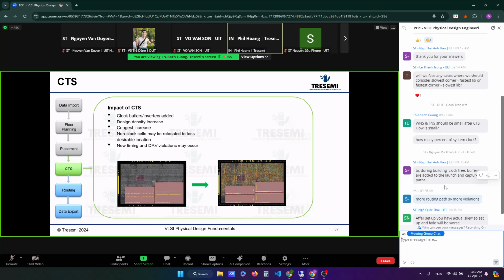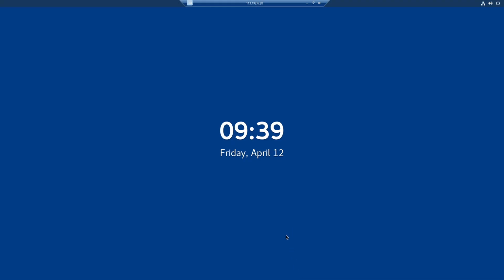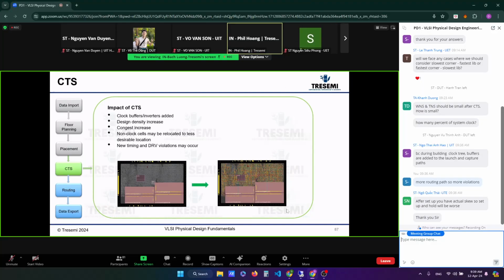So I just want to make sure we all understand the methodology here. It's not like before CTS, we don't have skew models. The skews and latencies are modeled during synthesis and during pre-CTS to make sure that we anticipate all these different variations, so that we won't be too optimistic during pre-CTS. After the clock trees are inserted, then the actual delays are used and the skew models are ignored.